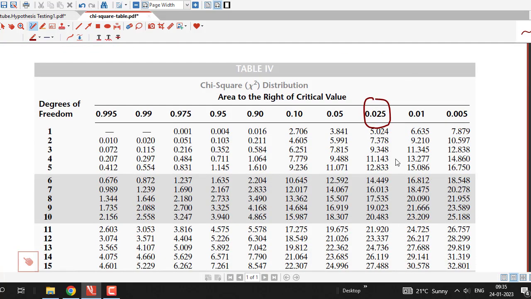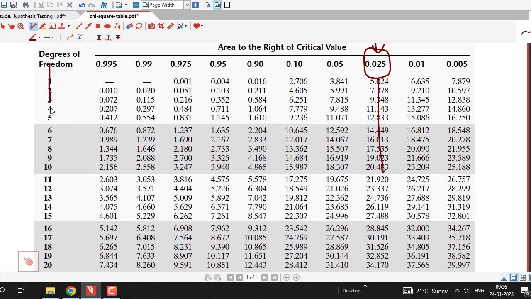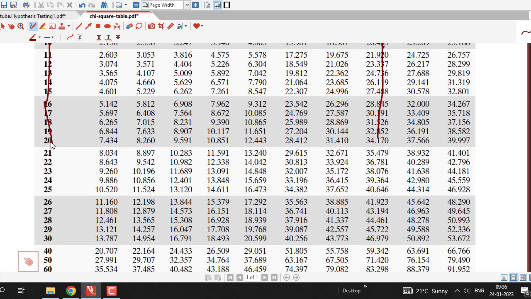I have to concentrate on this column and go down until I obtain 50 degrees of freedom. I am going down in both the columns, up to 50, and I will take the intersection of this row and this column.